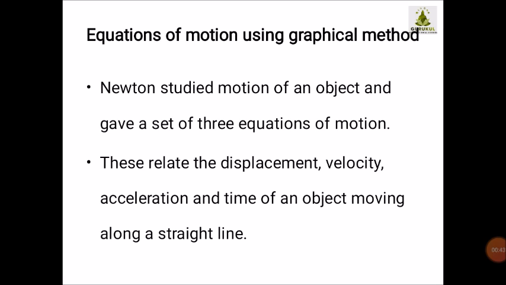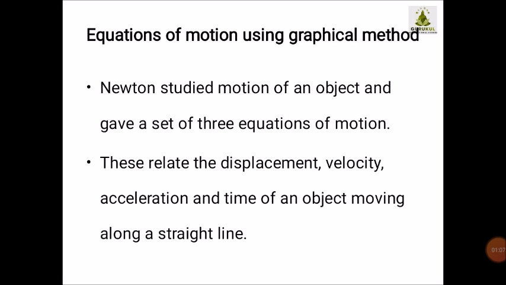Newton studied the motion of an object and gave a set of 3 equations. These equations relate displacement, velocity, acceleration and time of an object moving along a straight line.